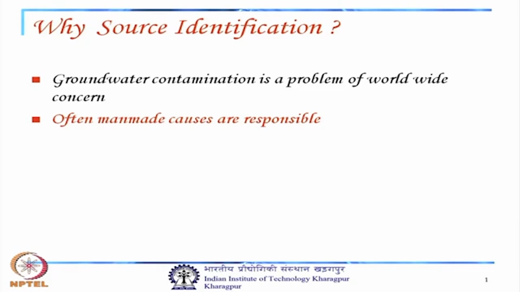Either we can have some kind of geogenic source, or we can have an anthropogenic one. Like the arsenic problem is geogenic, but contamination can also come from dumping of some pollutant in unlined ponds, which is a man-made cause.